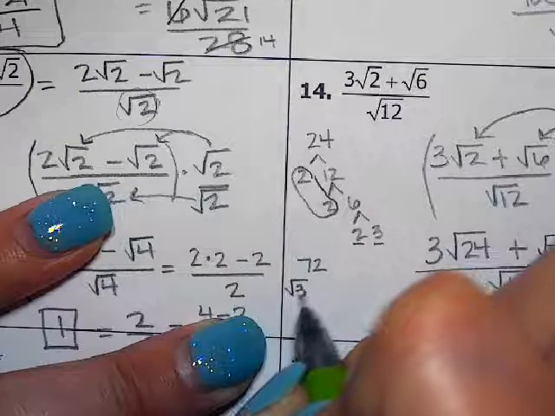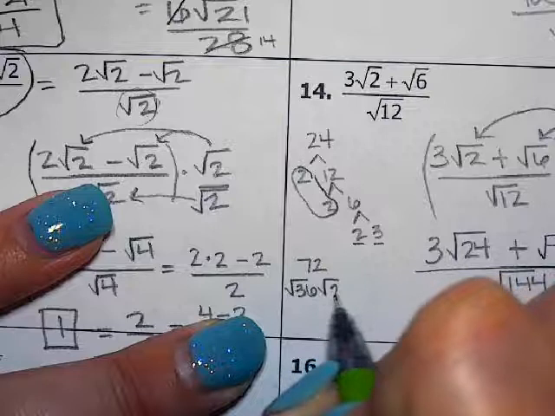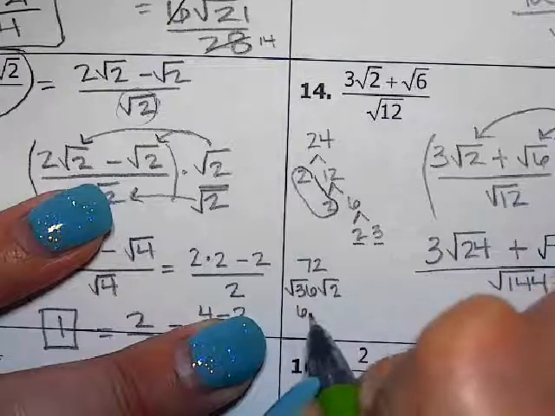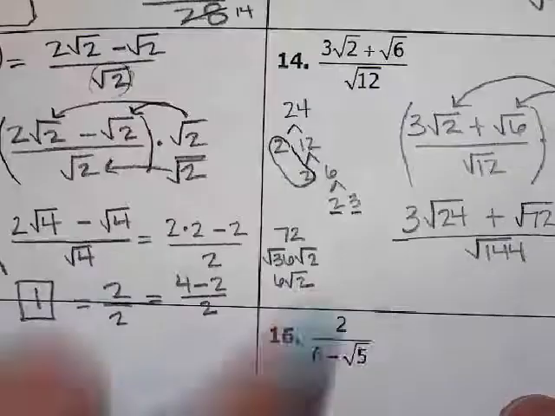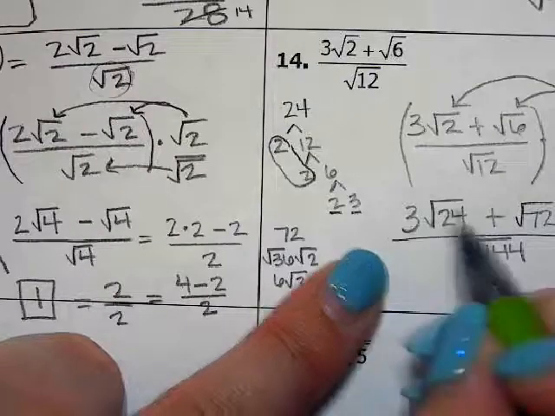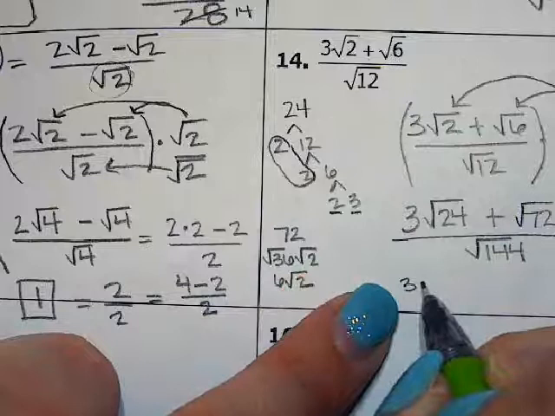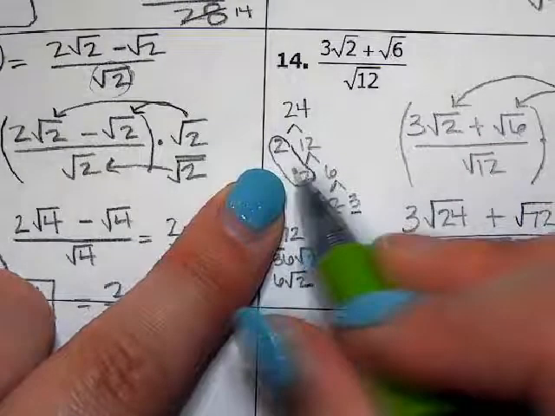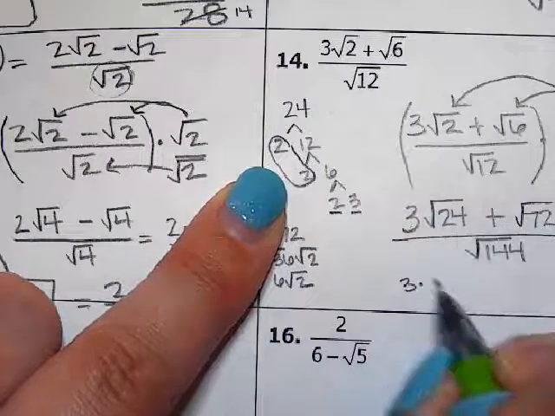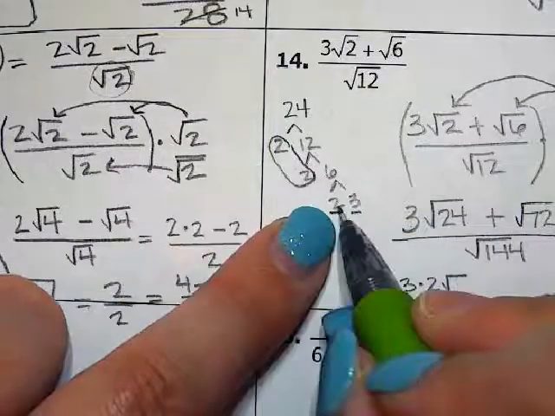Okay, so let's replace this stuff. So we've got 3 times the square root of 24. The square root of 24 is 2 root 2 times 3 is 6. Okay. Square root of 72 is 6 root 2.